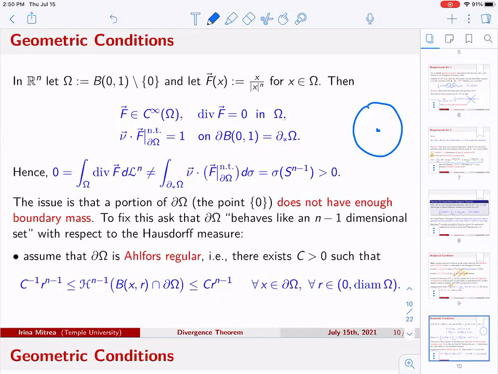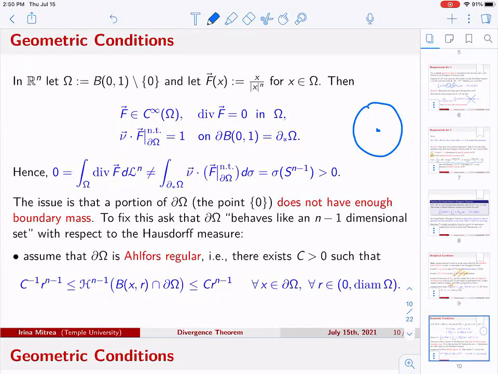The divergence of the gradient is simply going to be the Laplacian of the fundamental solution, and the point 0 is not considered. So there we have a harmonic function. As such, the divergence of F is 0 in the domain omega. Now consider nu dot F on the boundary of the ball. The topological boundary of the domain omega consists both of the circle and of the point.